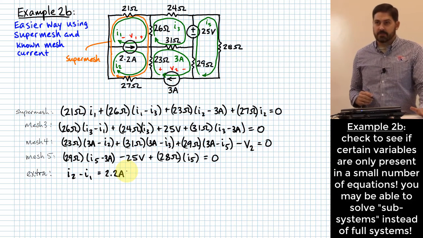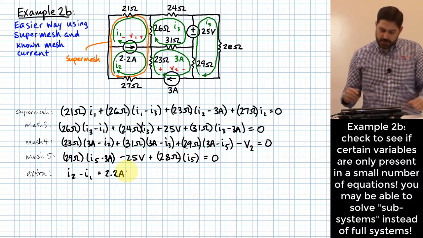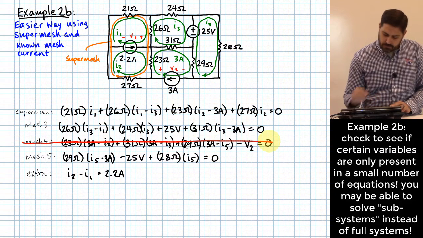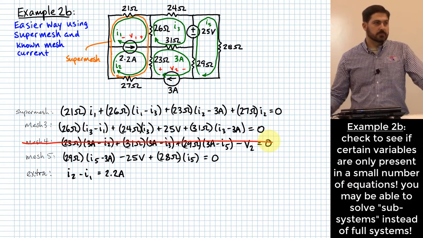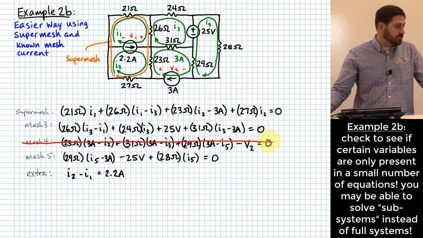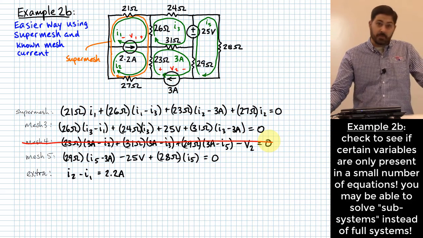Mesh 4, right? What if I pretend I don't have that equation? Now, I might be able to use it later. I don't need to throw it away entirely. There might be some use for it.